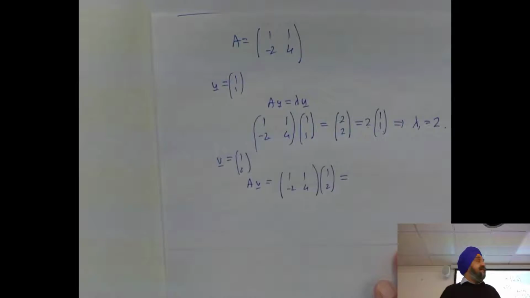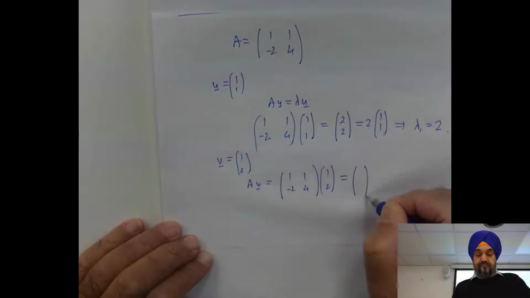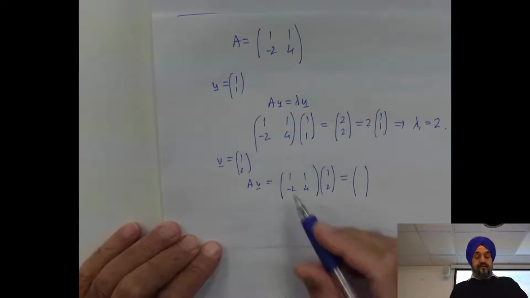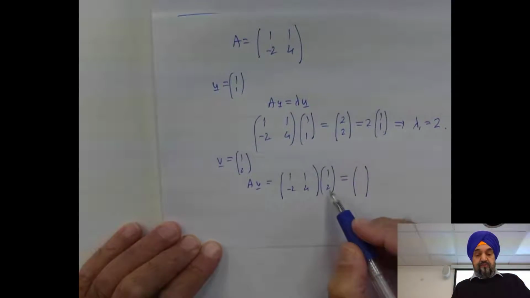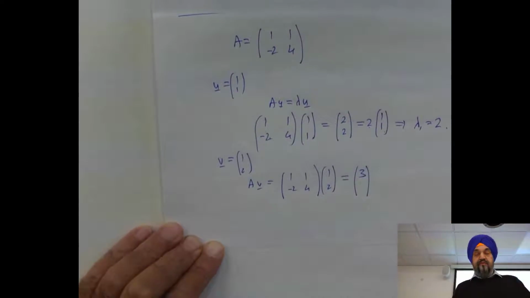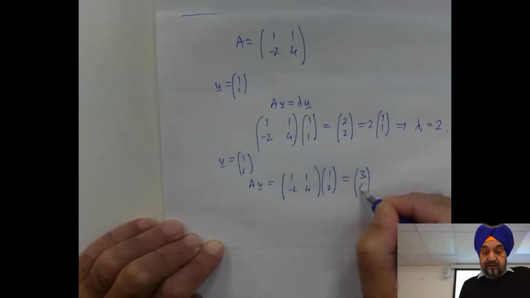Row by column, remember, row by column. What's the first entry? 3, isn't it? 1 plus 2 gives you 3. And minus 2 plus 8 gives you 6.